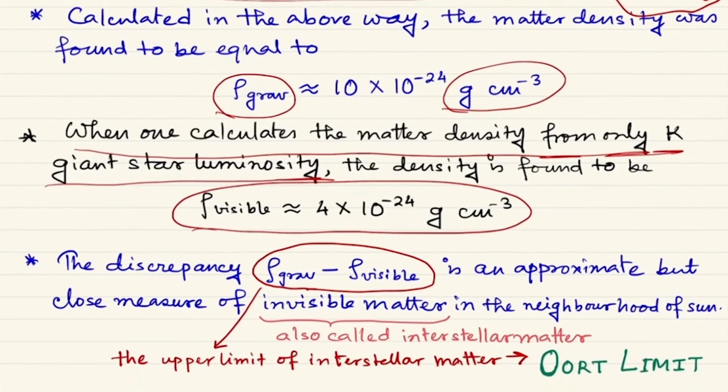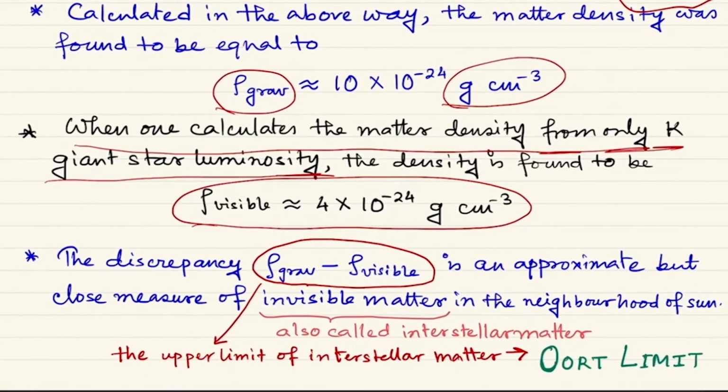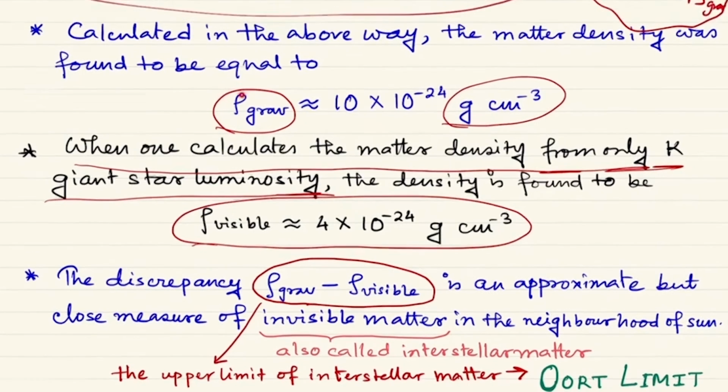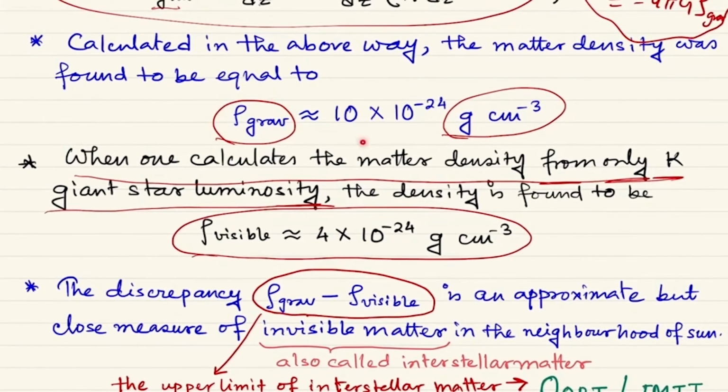Now another point is that, when you calculated rho gravitational this way, you are somehow calculating the upper possible limit for the gravitating mass.